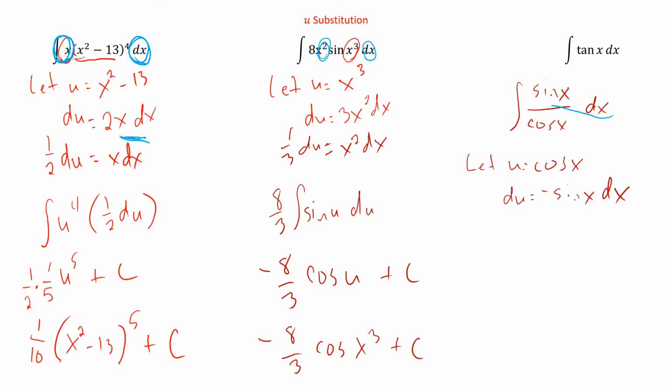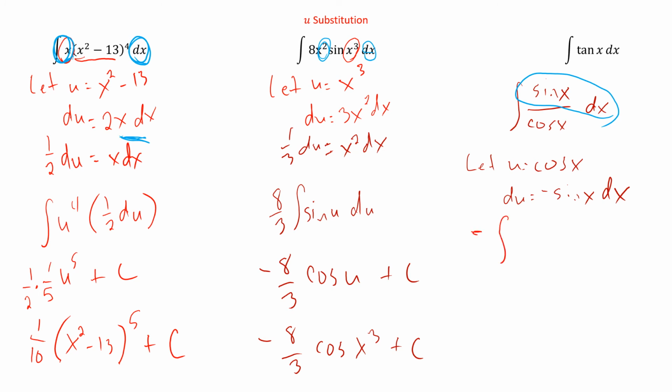Oh, hey, look, sine x dx. If you made sine u, you'd end up with cosine x, well, that's in the denominator already. That doesn't just go away like this. But here we can replace the sine x dx with a negative du. And so the cosine is u, so the negative can go to the outside.